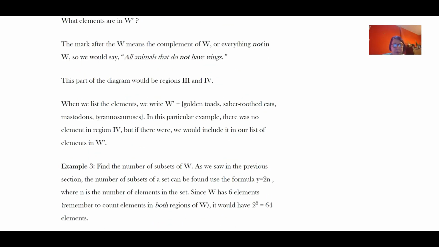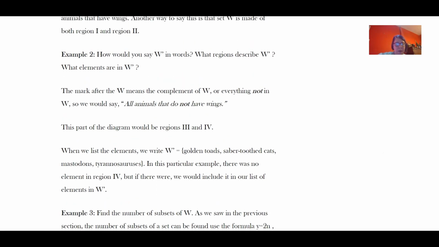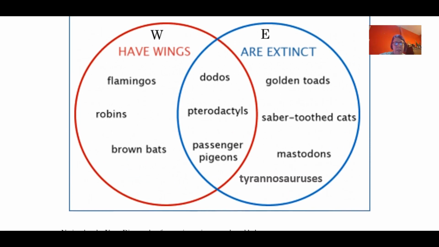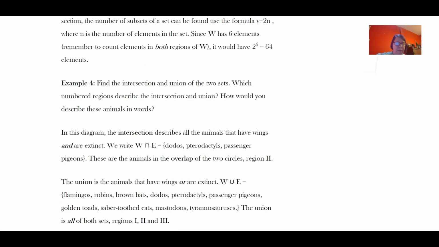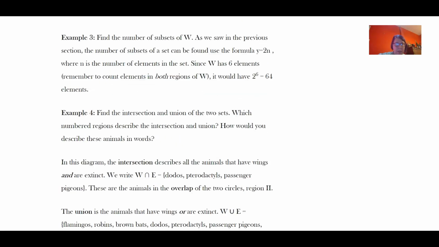Okay, example 3. Find the number of subsets of W. Again, this is still a review, right? From 2.1, but we're now really using it in different examples. So the subsets of W, well, we got to go up here and see how many elements there are in W to figure out the subsets. I see 1, 2, 3, 4, 5, 6 elements of W. So if W has 6 elements, remember the formula for that is 2 to the n, where n is the number of elements.